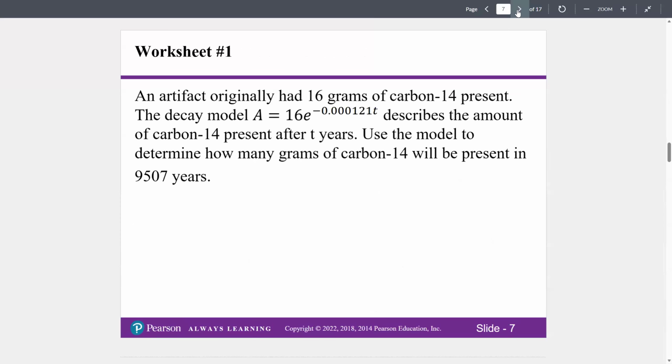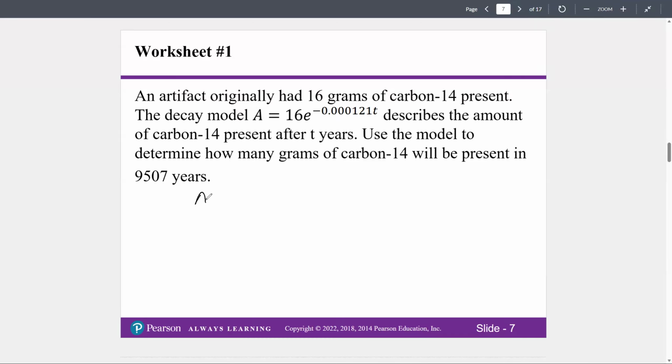Okay, so for you, an artifact originally has 16 grams of carbon-14 present. The decay model A equals 16 e to the negative 0.000121t describes the amount of carbon-14 present after t years. Use the model to determine how many grams of carbon-14 will be present in 9,507 years.